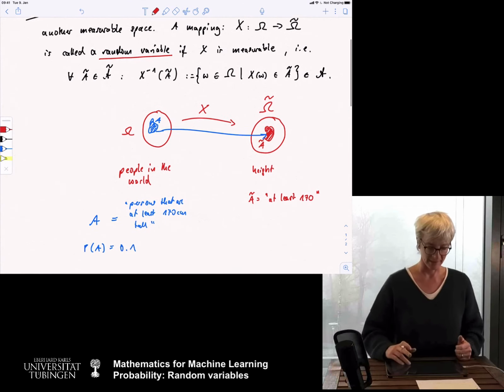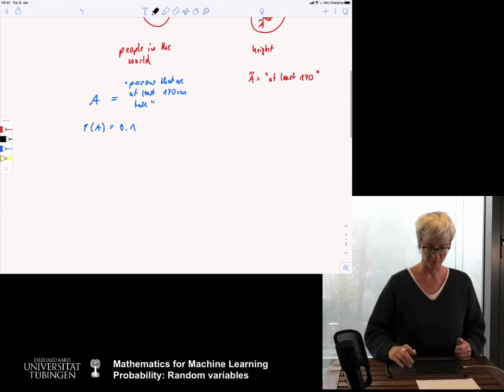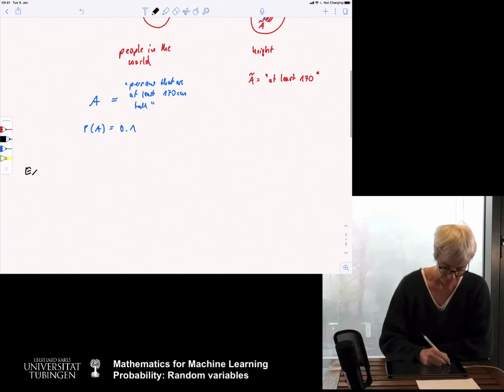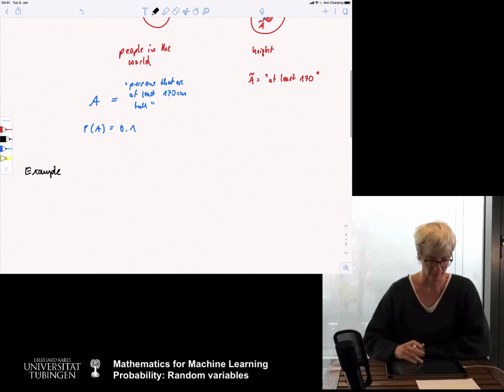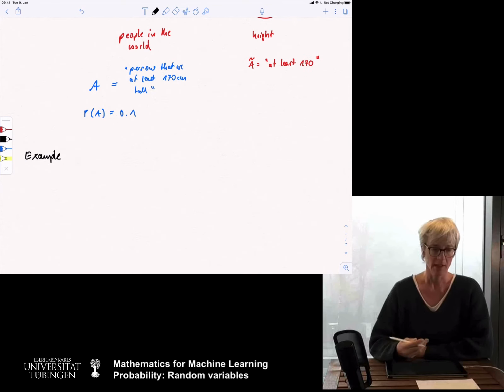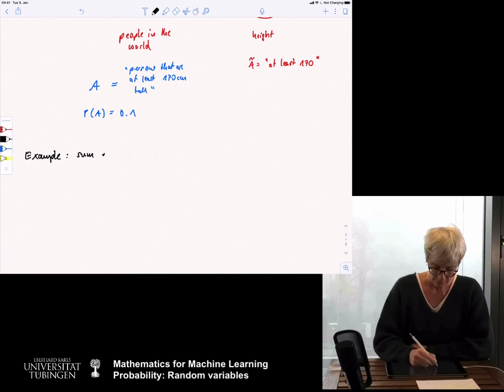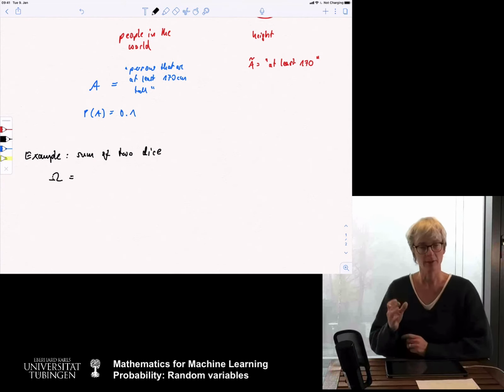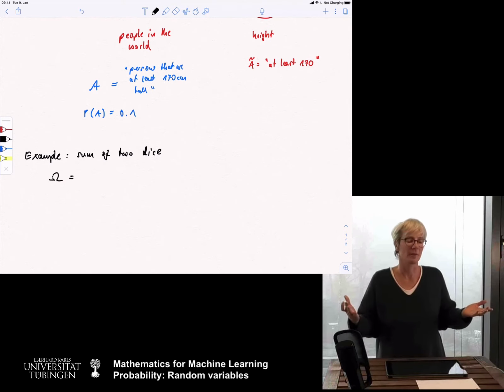Let us maybe again look at a couple of examples to make it a bit more clear. Example: I want to show the examples that I've already mentioned in the introduction to this lecture. We look at the sum of two dice. So our probability space consists of the things that we can actually sample.